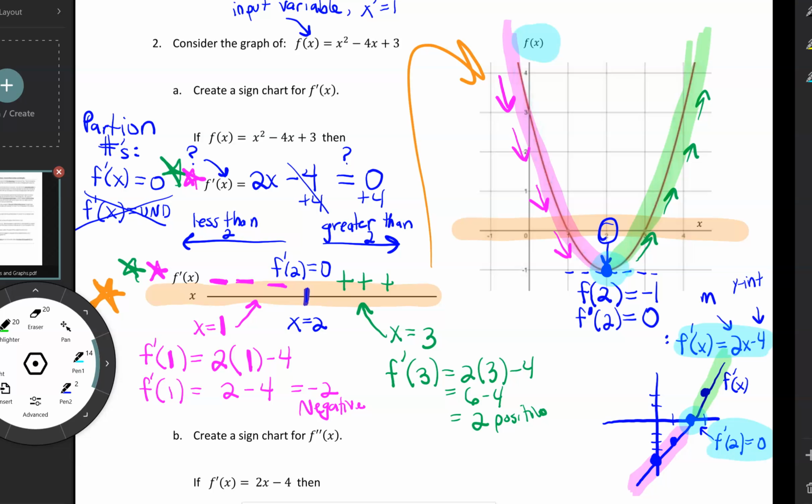I was just trying to make the connection that I can read this information about the derivative from an original function graph, or I can read it from the graph of the line. It looks different, but it's the same information. It's just one time I got the f prime information from the original graph because I was reading tangent lines, and one time I got that f prime information from the graph of f prime itself.